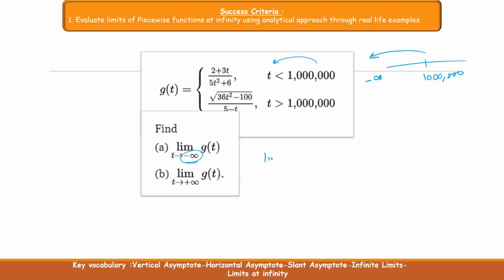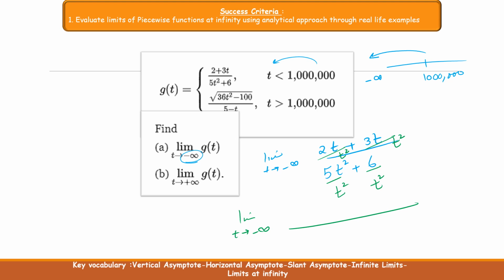So we will write limit as t approaches negative infinity, and then we write the equation that is suitable for the left hand side. After that we will focus on the denominator and divide all the terms by the variable with the higher degree. So we will divide everything by t squared.